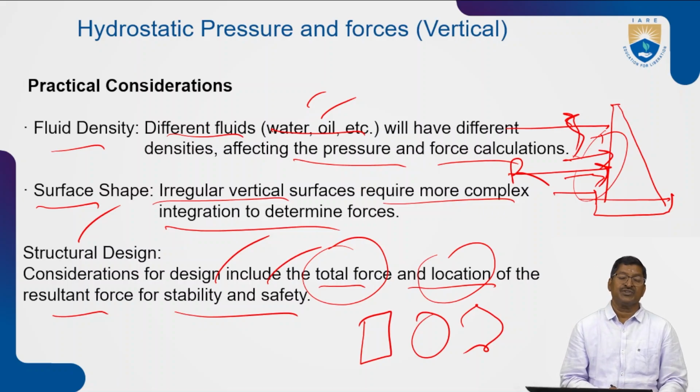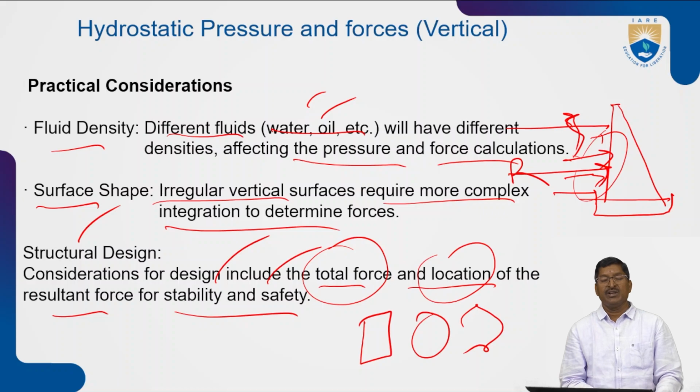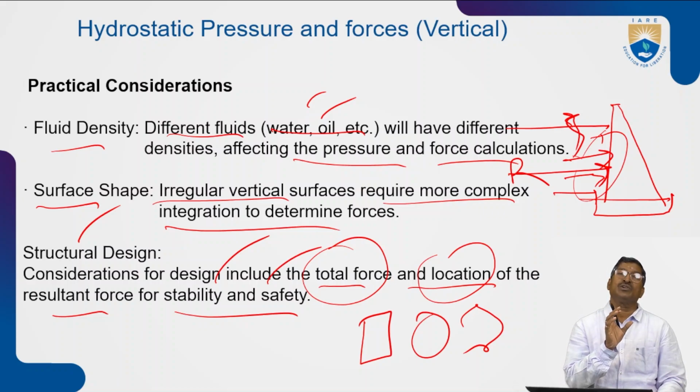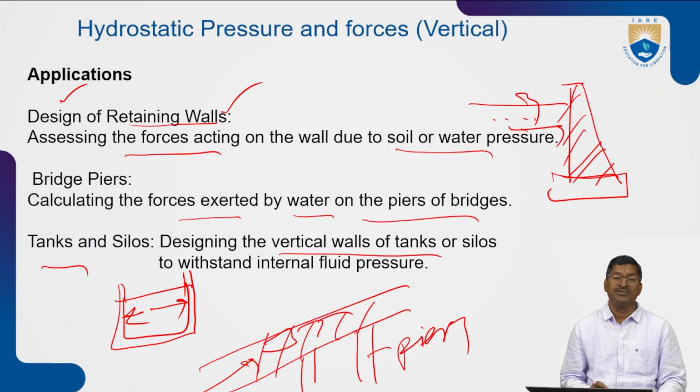And structural design. Whatever the structure may be, we have to know the total fluid pressure and where it acts. Otherwise you cannot design the structures for stability and safety. So, applications: retaining walls. Any wall which retains something is called a retaining wall.